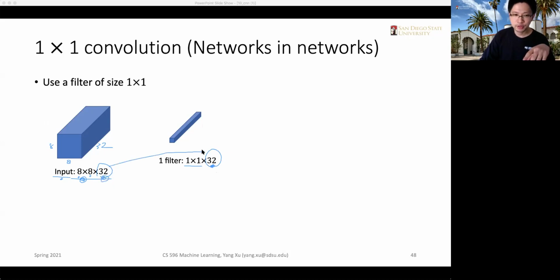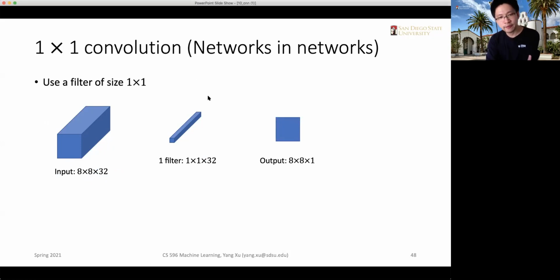We need to make sure this principle holds. Otherwise, there's no way to conduct the convolution. So having this one filter applied to this 8 by 8 by 32, our output would be 8 by 8 by 1.